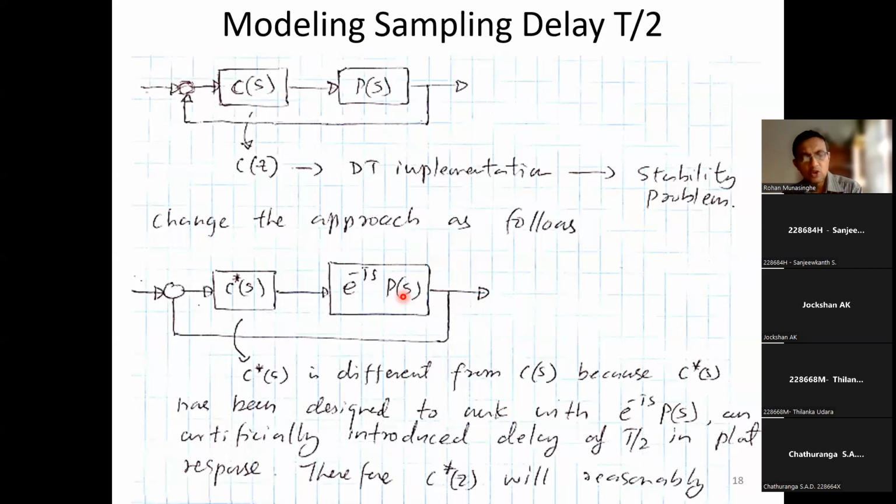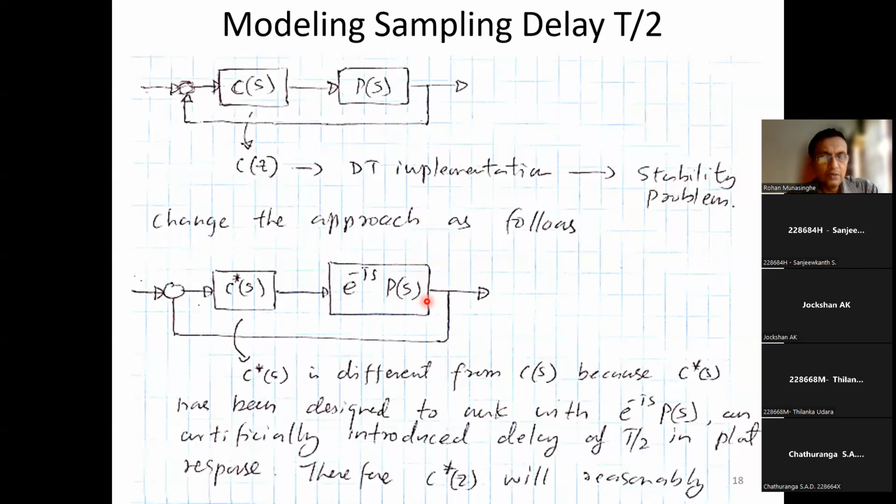Without ever going to the Z domain, you can do this whole thing in the S domain, the Laplace domain itself, if you have a representation for e to the minus Ts. Now make sure everything is placed in proper position. So now we say this: design the controller based on the delayed plant model, e to the minus Ts times P(s).